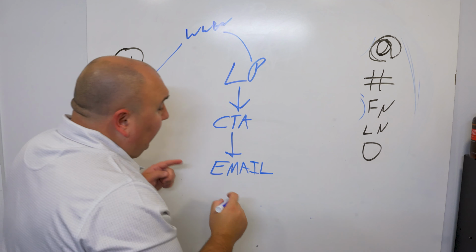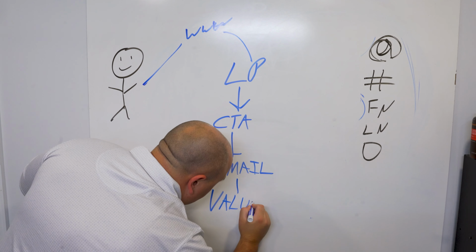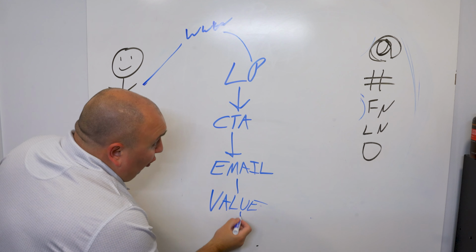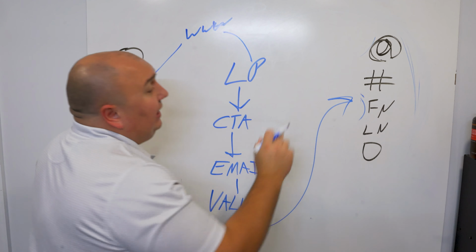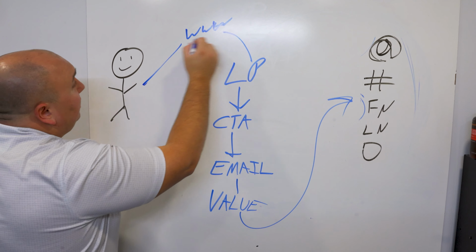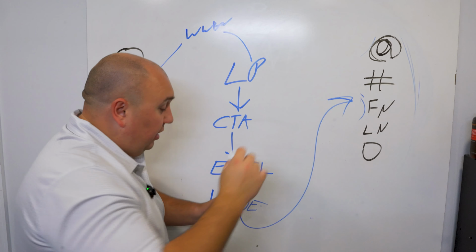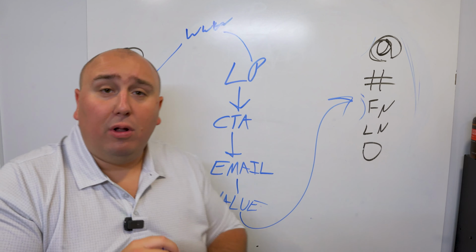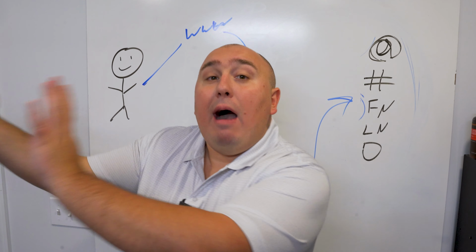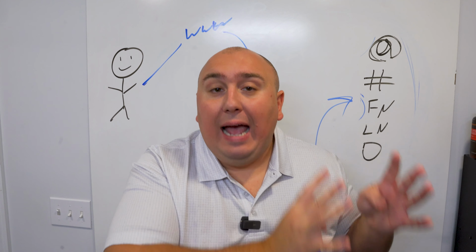After they get that email, they should feel like they got value. And if they do, you have now earned the right to have their contact information, and you can then pick up the phone and start calling them. Because now they have completed this cycle, bringing this person through the entire chain to feel comfortable and ready. Now, they might not be ready to buy, but that's part of your sales process. Now we're getting out of that marketing and into the actual sale.